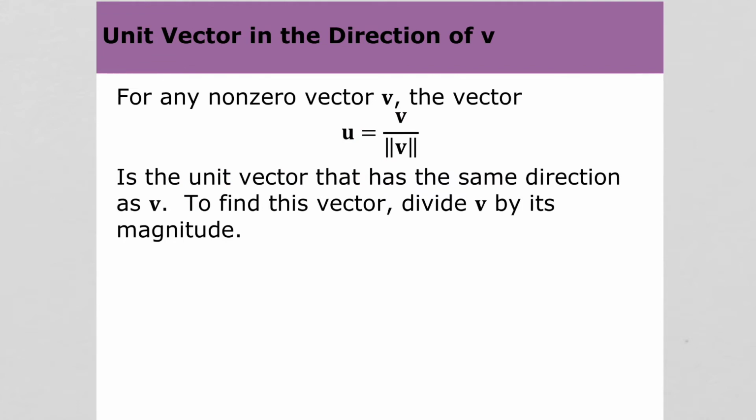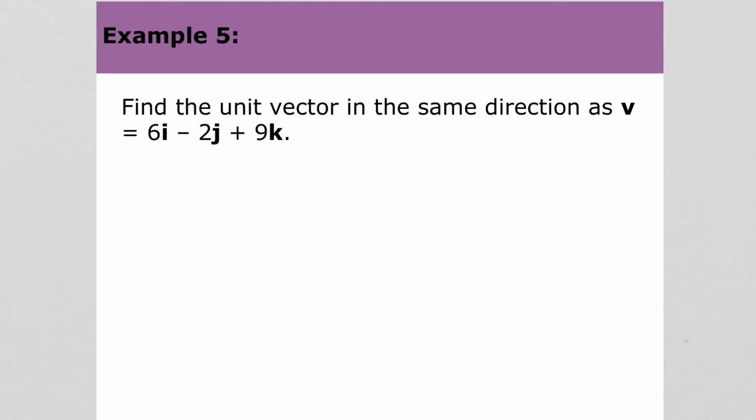The unit vector is the same in space as it is in the plane. The unit vector u would be the vector divided by its magnitude. So example 5 says find the unit vector in the same direction as v. So u would be v divided by the magnitude of v.